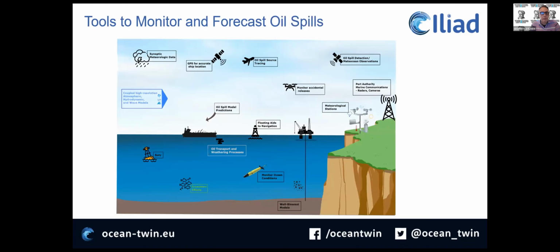There are plenty of tools at our disposal to monitor and forecast oil spills: the well-known satellites and SAR systems, drones, several sensors moving in the sea like gliders, or static sensors like buoys.